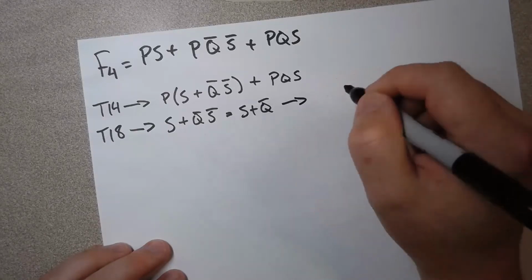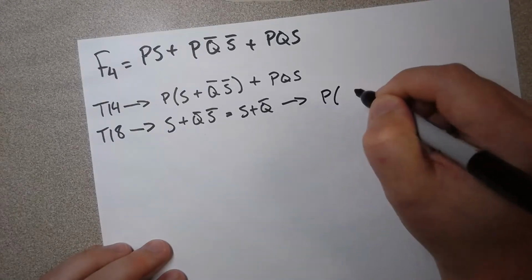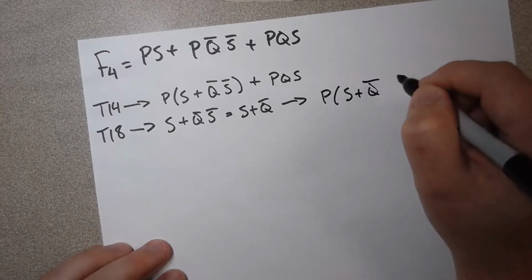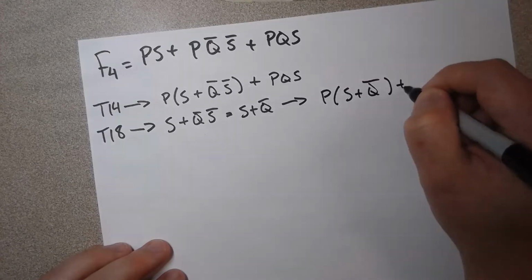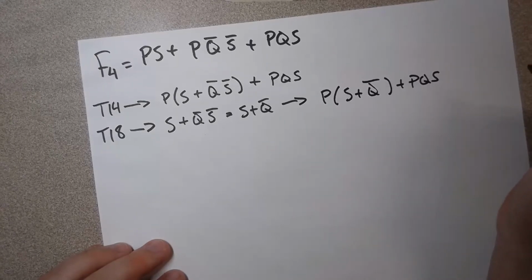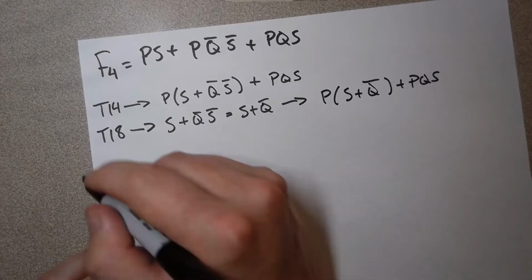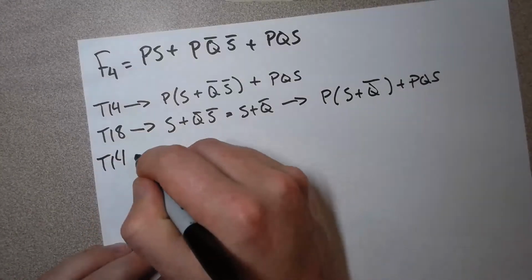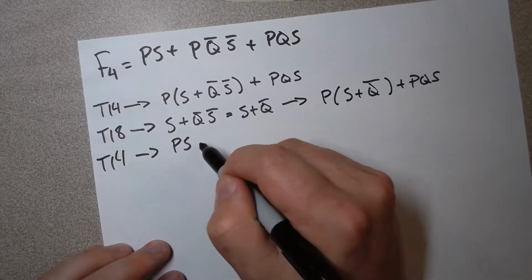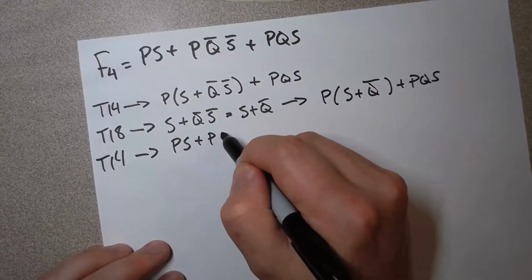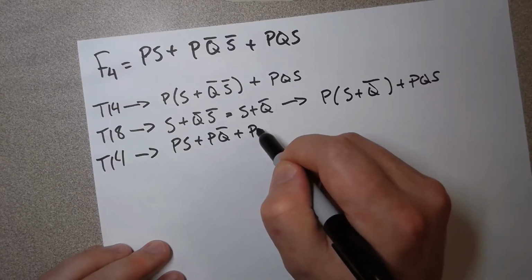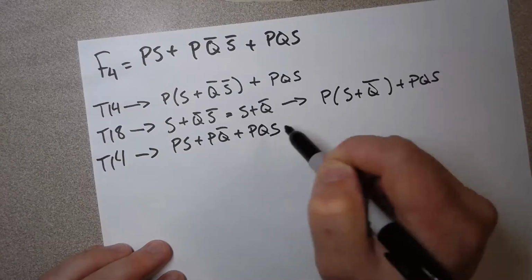So that gives us p and s or not q, or p and q and s. Then we're going to use theorem 14 again here to pull that parenthesis back apart, so that gives us p and s, or p and not q, or p and q and s.